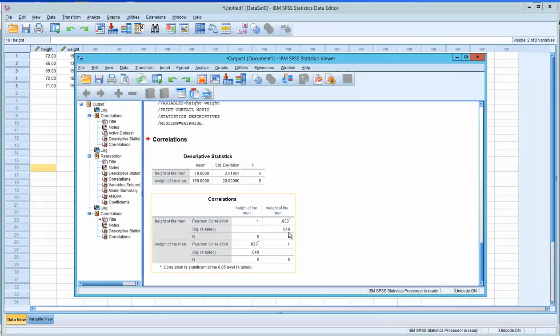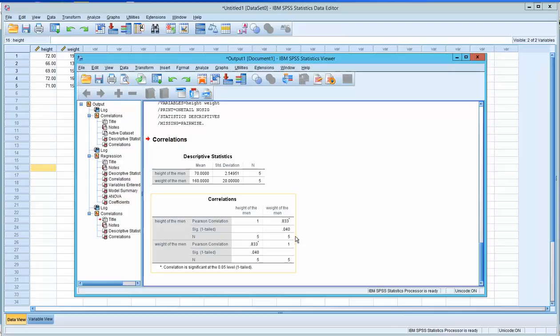Now, beneath the correlation, you will see the actual probability of the result, and it is 0.040. If you recall from the earlier lecture, it stated clearly that whatever correlation you get has to be tested for the probability of this result happening out of pure chance.